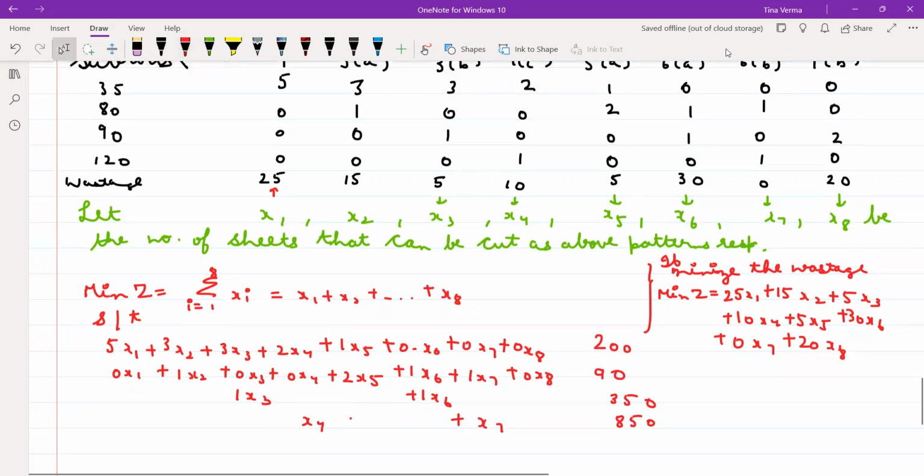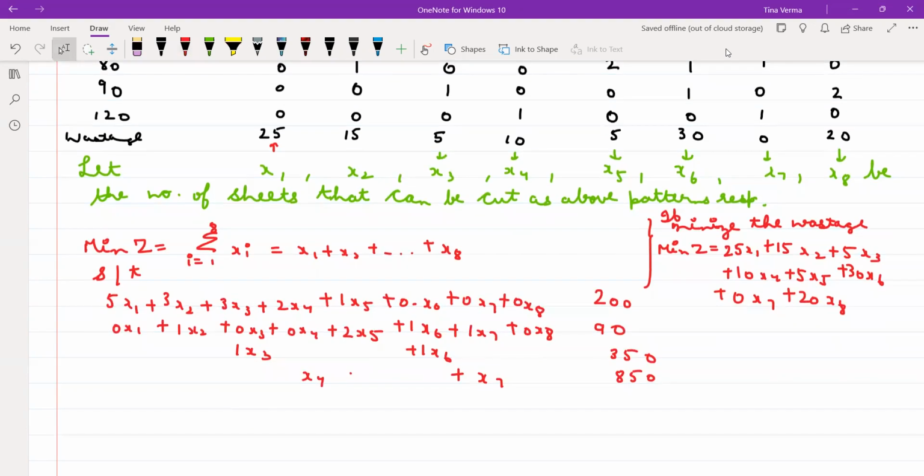So this part is clear that from the first sheet you can cut 5 rolls of 35 centimeter.